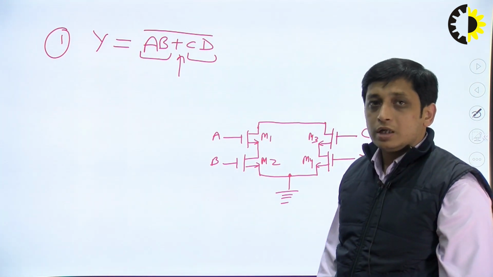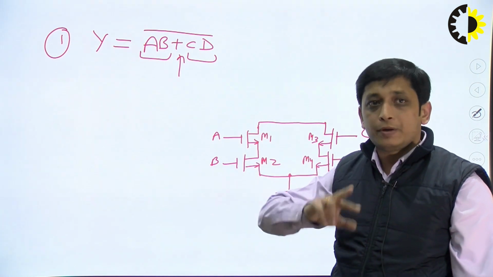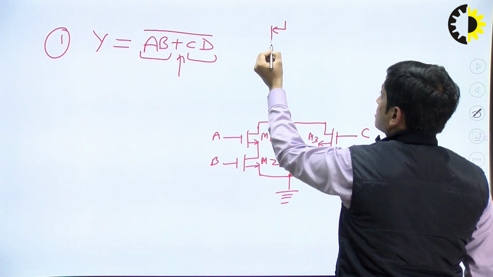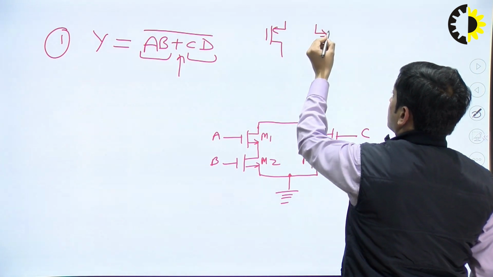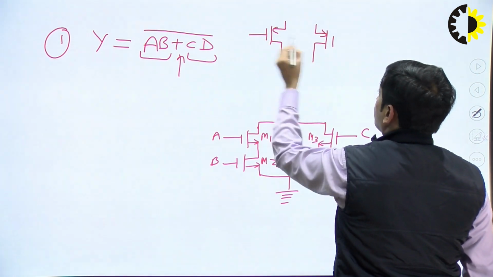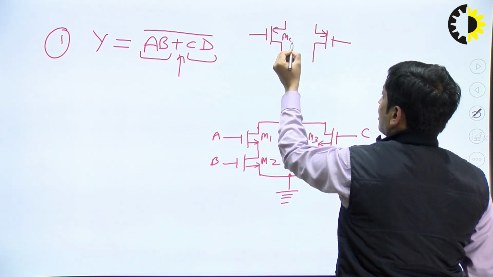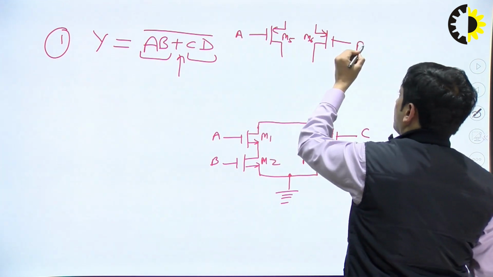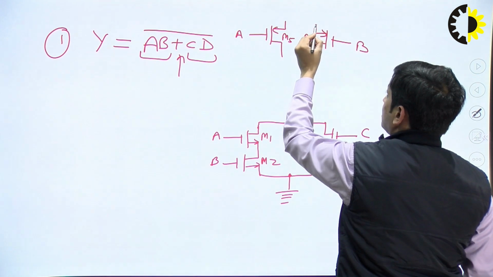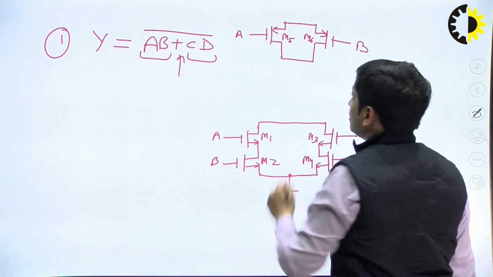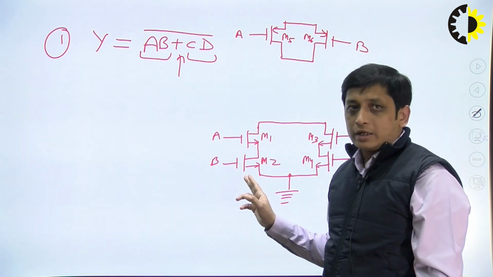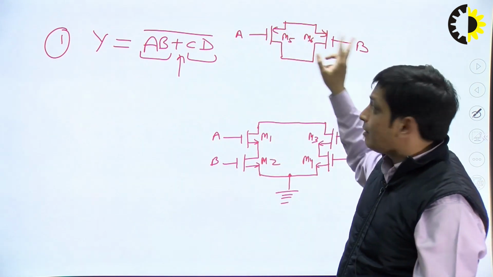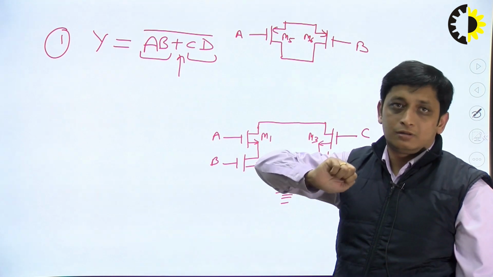So equivalent to it, we will take 2 PMOS transistors and these two PMOS transistors will be in parallel, and the inputs of these two PMOS transistors, let's say this is M5 and M6, will be the same, A and B. M1 and M2 transistors have two inputs A and B, but in pull up, the A and B input transistors are in parallel, right?